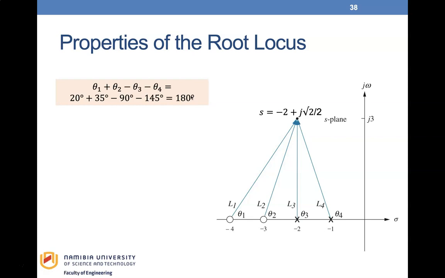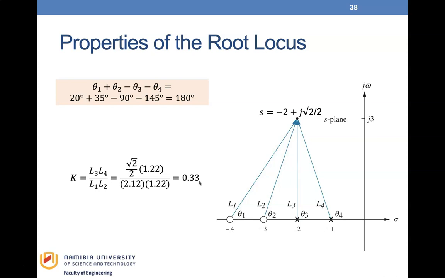We can then calculate that value of gain using equation 8.11, which will yield k equal to L3 L4 over L1 L2. If you compute the length of these vectors, this will give us 0.33. This means that the point -2 + j√2/2 is a point on the locus with a gain of 0.33.